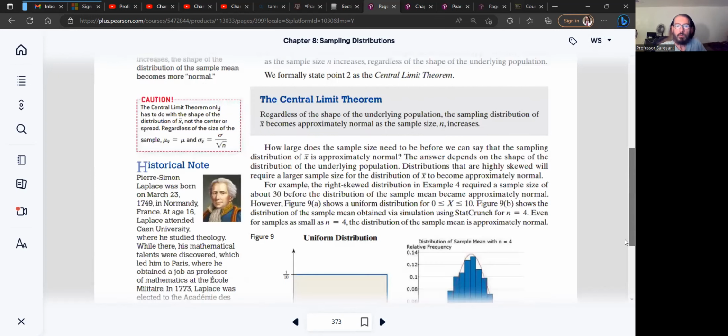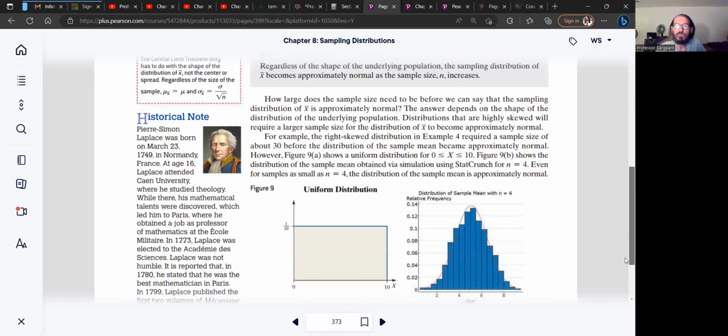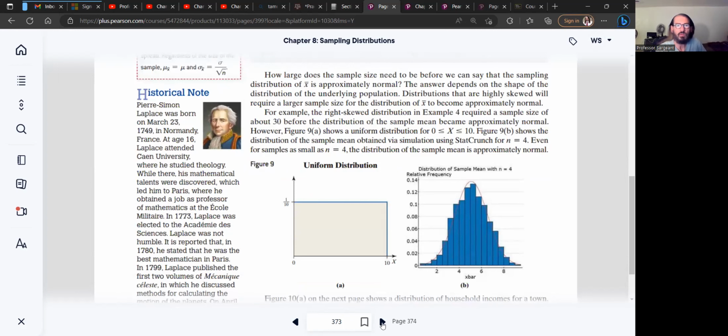And we look for that sample size to be at least as big as 30. Now let's start taking a look at some questions.